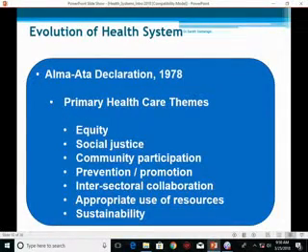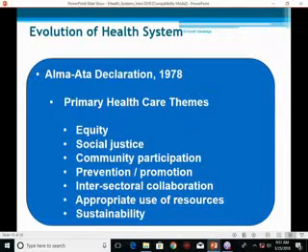And then 1978 was a landmark year where they had this famous Alma-Ata conference, where the countries met in Alma-Ata, the capital of Kazakhstan, of the former Soviet Russia. And they came up with Health for All by the year 2000 and the Primary Healthcare Declaration to achieve that.